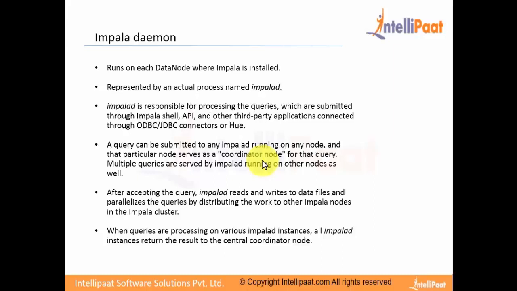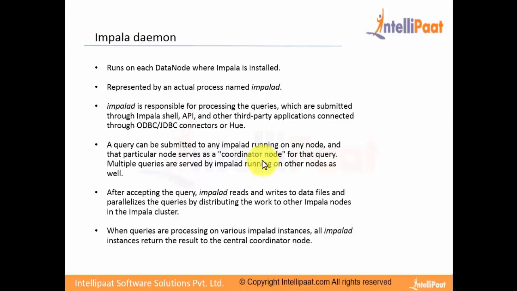Whenever I have a query, it can be submitted to any Impala D running on any node. Now, when the query is submitted to any of the Impala D processes, which can be present on any of the slave machines, it's not necessary that the same slave machine will have the data which is supposed to be processed.